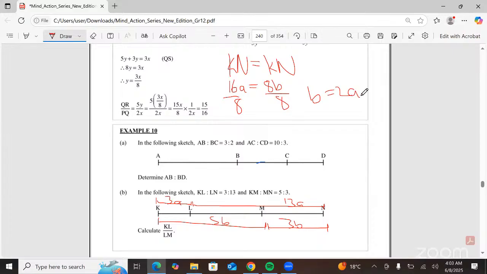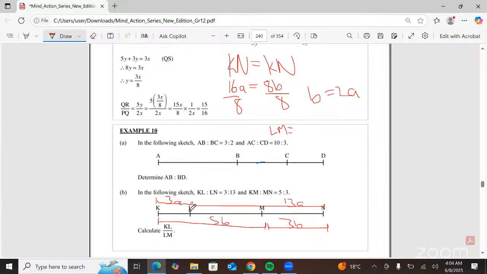Then we say LM. I think LM is equal to KM minus KL.